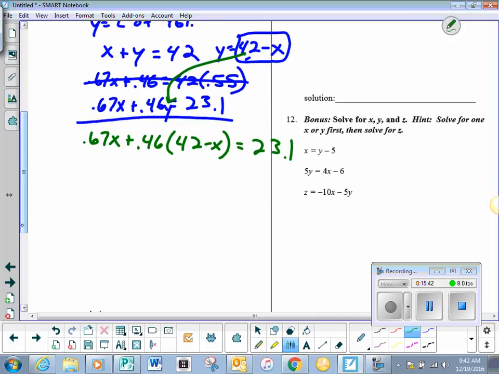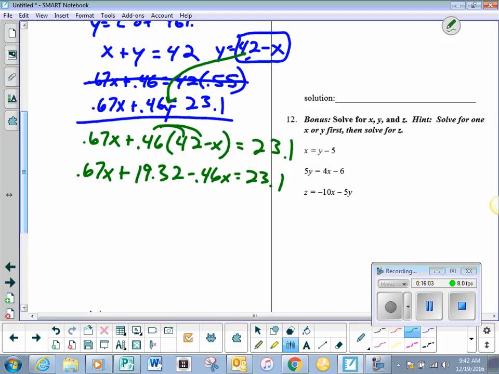When I distribute, I get 0.67x plus 0.46 times 42, 19.32, minus 0.46x equals 23.1.